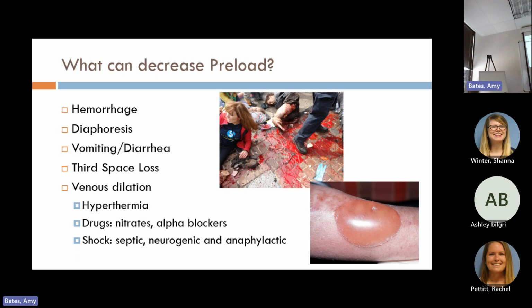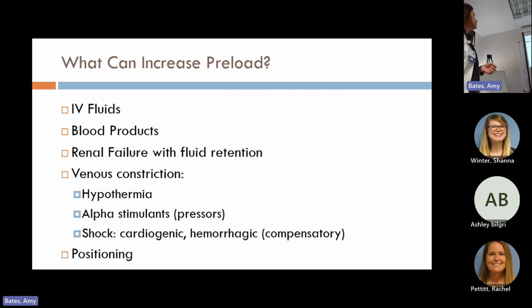Shock, septic shock, neurogenic, and anaphylactic shock, they just don't have the ability to compensate and to squeeze. Increasing preload, IV fluids or blood, we use that a lot because we want to increase preload. Sometimes renal failure with fluid retention, the venous constriction. If you're hypothermic, you will constrict, right?